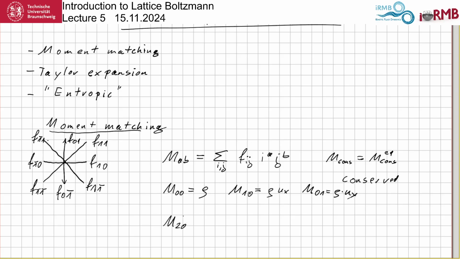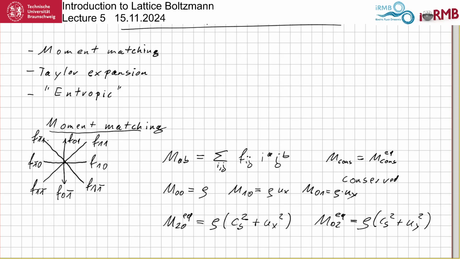Still, we have the second order moments, M equilibrium. Moment matching means we are matching these things to the Maxwell equilibrium, and we've already computed this several times. M20 equilibrium is rho times (cs squared, the speed of sound, plus ux squared). M02 equilibrium is rho times (cs squared plus uy squared).